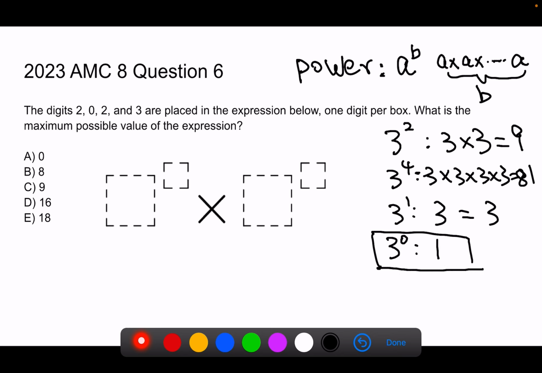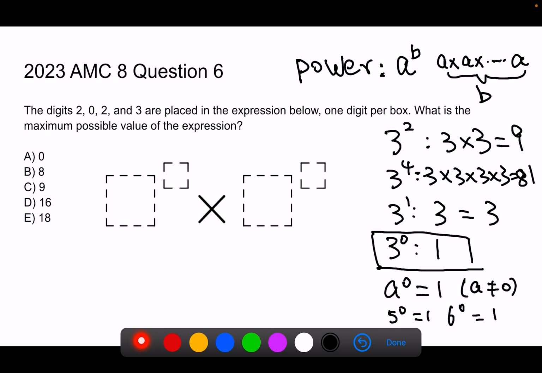Any number, as long as it's not 0, to the power of 0 is going to be equal to 1, as long as A is not equal to 0. If A is 0, 0 power 0 is 0. But, for example, 5 power 0 is equal to 1, and 6 power 0 is equal to 1.